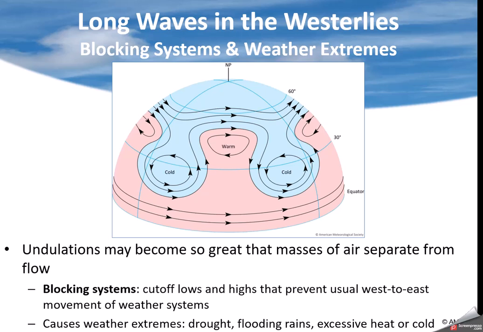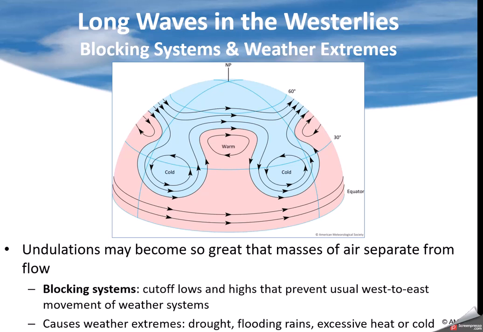Here are the blocking patterns. Think about it, if you ever look at a stream, you'll see sometimes this circle flowing around and around in one area, not moving. You put a log in it, and you just see the log go around and around in the same spot for a while. That's what happens when we get a blocking pattern in the atmosphere.